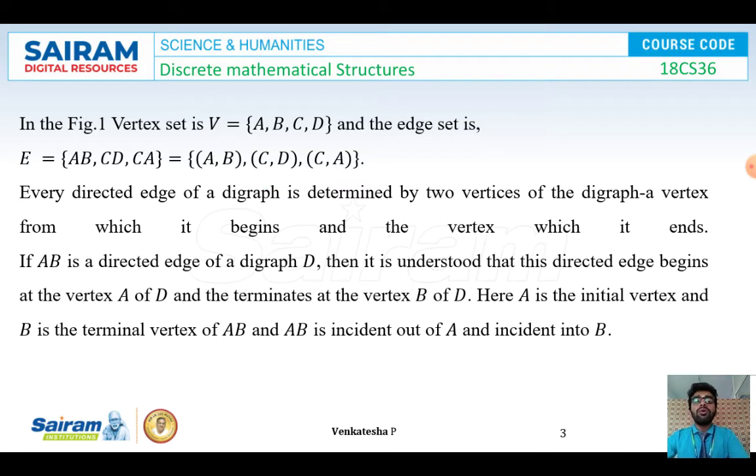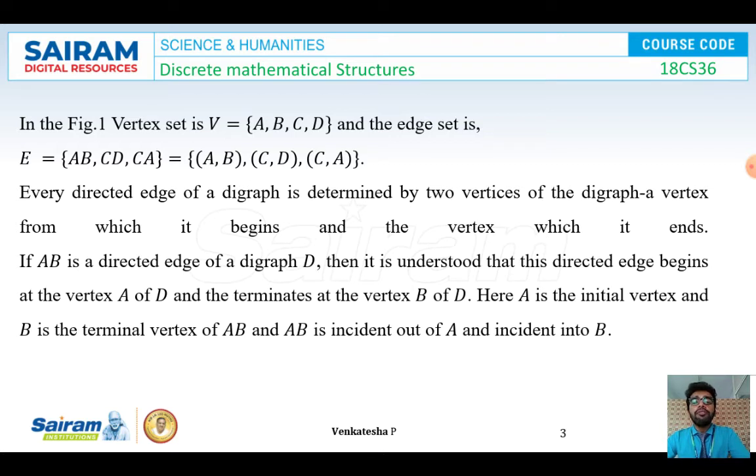Now to find the directed edge, I'll be taking two vertices of a digraph: a vertex from which it begins and the vertex at which it ends. Those kinds of edges are called directed edges.